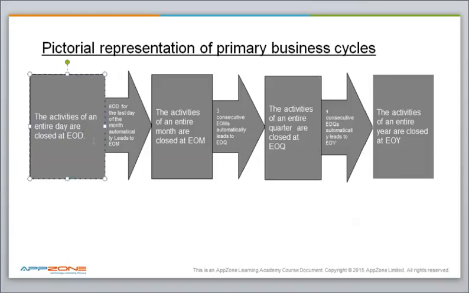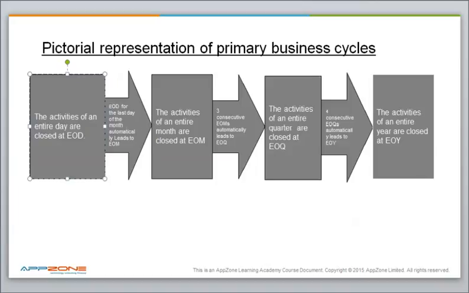Then in order to mark the end of that day, the business process called end of day will run, and that will automatically save everything that pertains to a particular day and move to the next day. So the effect of this is it's possible to generate a report for a particular day because the system has already differentiated day 1 from day 2. This is possible because of the business cycle called end of day.